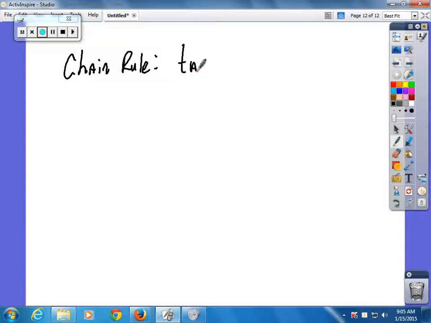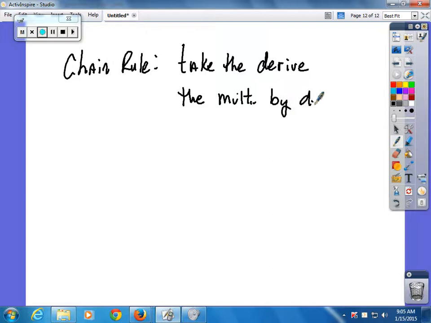Take the derivative, then the derivative multiplied by the derivative of, and I put in quotation marks, what's inside. Okay? That's the chain rule.